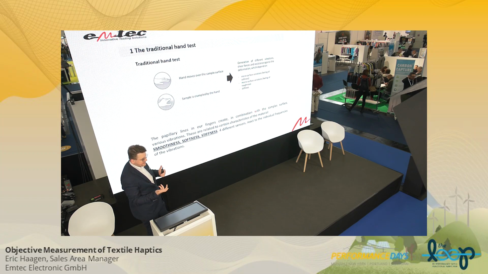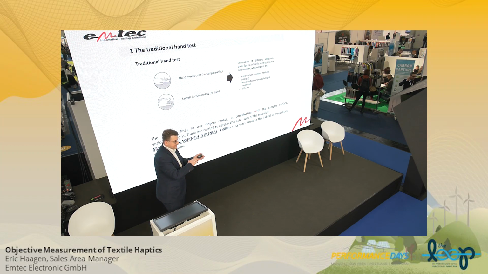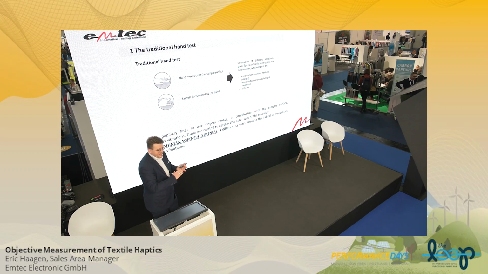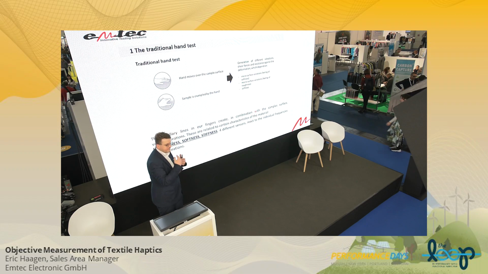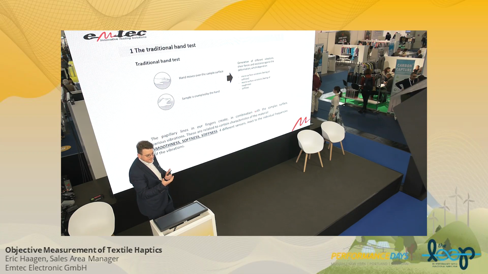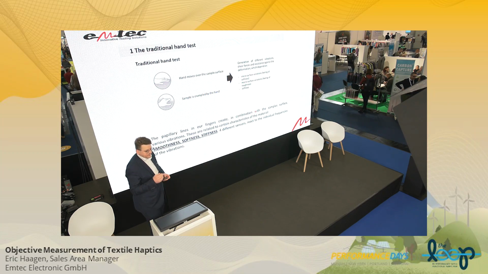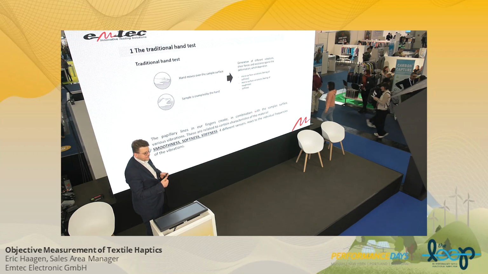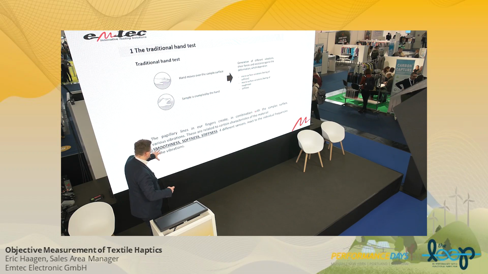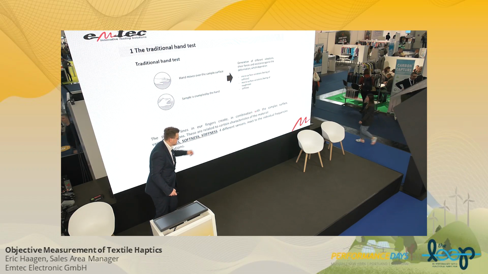But if the human hand is moving over the surface, there are certain vibrations, and these vibrations are received by specific sensors in our fingertips. These four specific sensors react to each of the three main parameters: smoothness, softness, and stiffness.